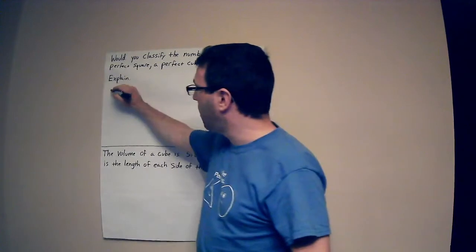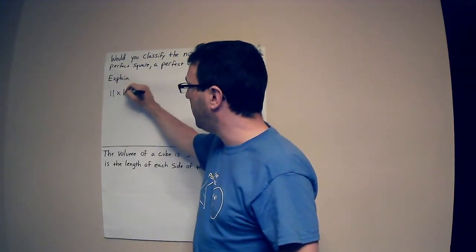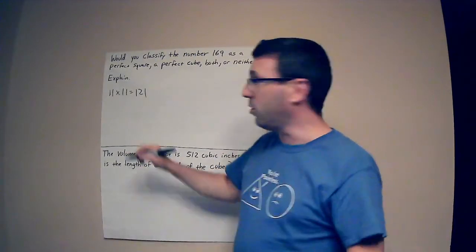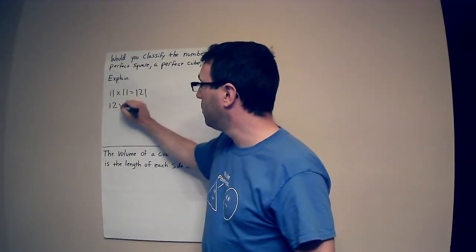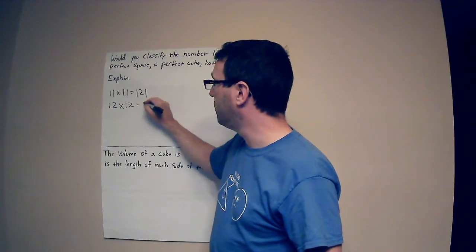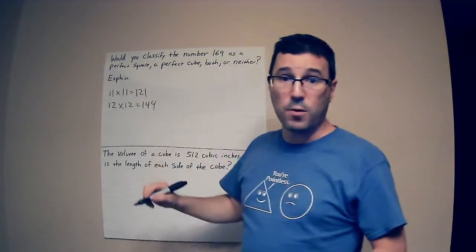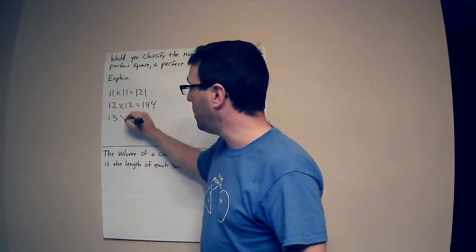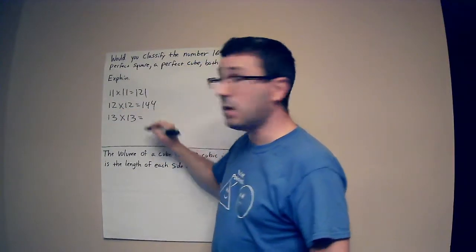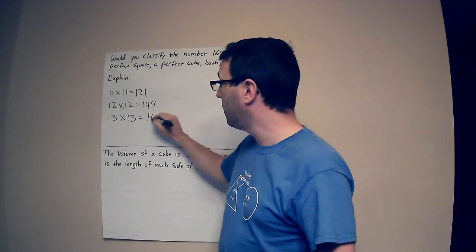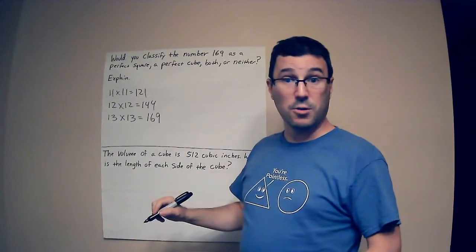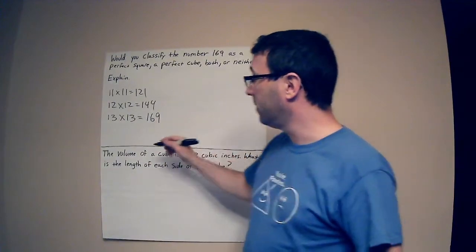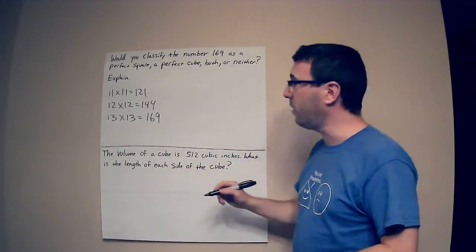So I might go, okay, well 11 times 11, that's 121, we have to go bigger. 12 times 12, 144, still got to go bigger. 13 times 13 is 169. Oh, okay, so this is a perfect square. Okay, so we have a perfect square.